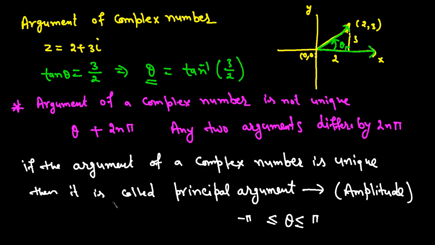So now let's go over how we can write the general values of arguments. I'm going to go over that topic here. So the argument of a complex number z equal to a plus ib: the complex number in polar form can be written as r into cos theta plus i sine theta, right?